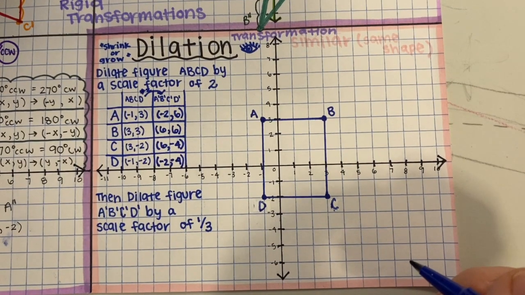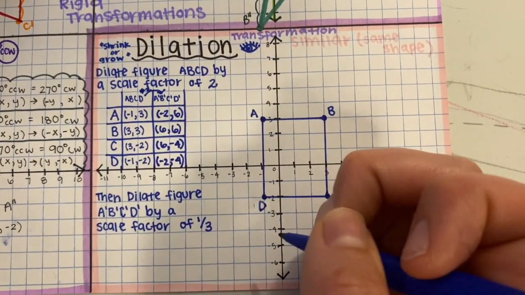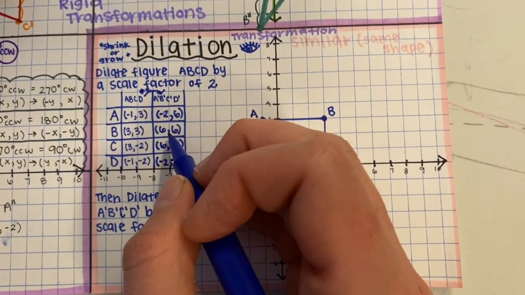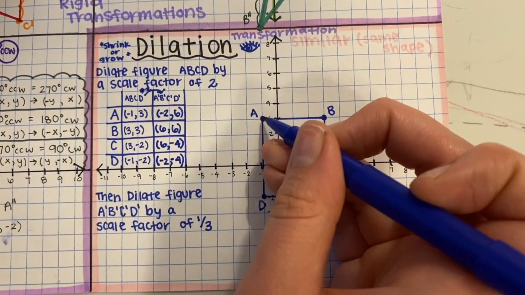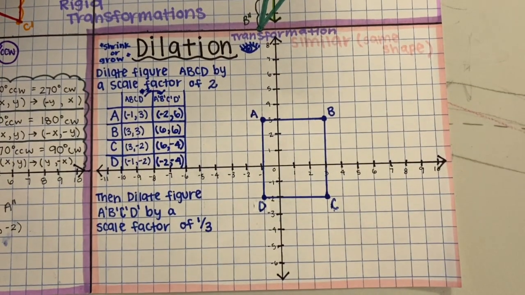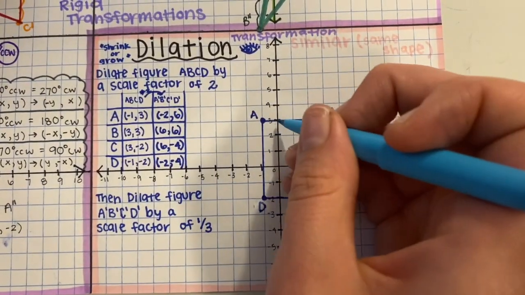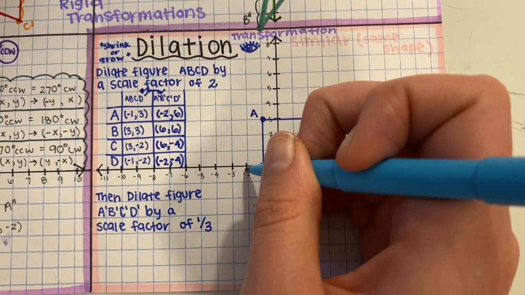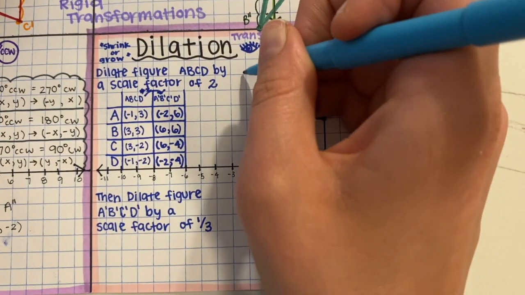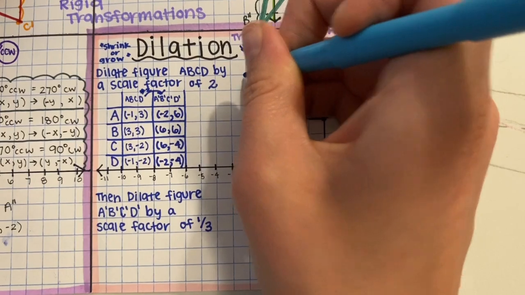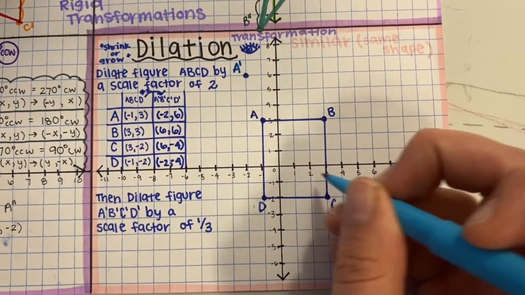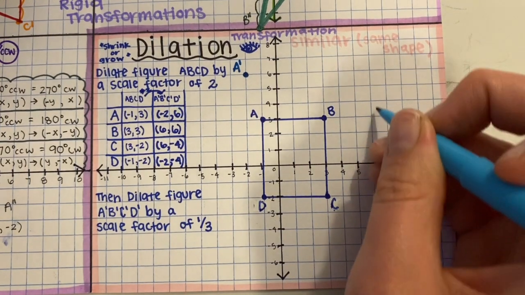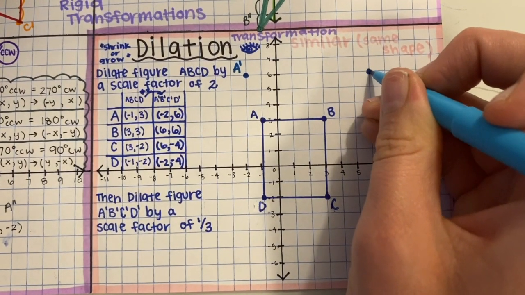So what I have done is I've created new coordinates. I have created A prime, B prime, C prime, and D prime. So I'm going to just plot these points. I'm going to use a different color so that it doesn't get too confusing. A prime is at -2, 6. B prime is at 6, 6.